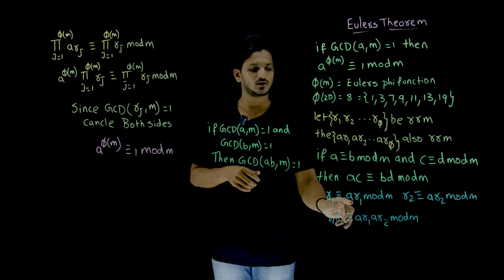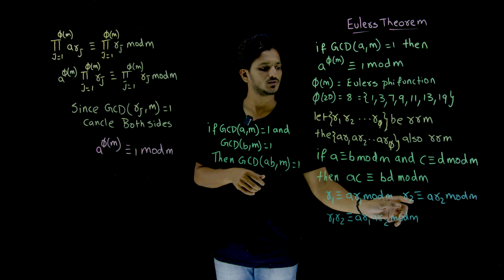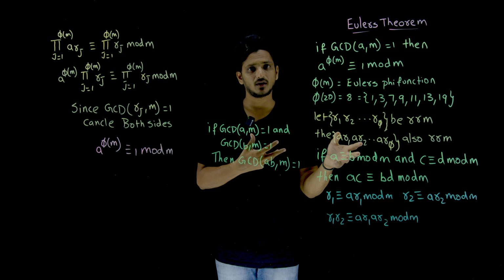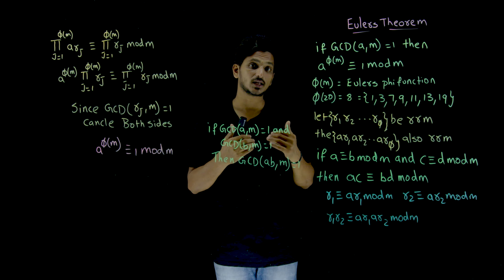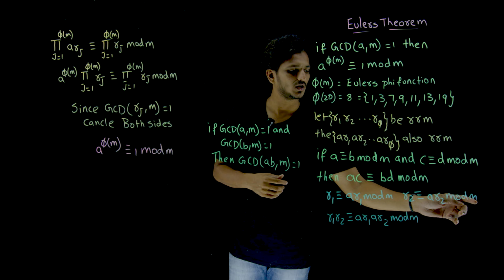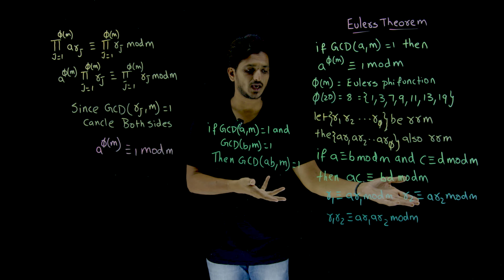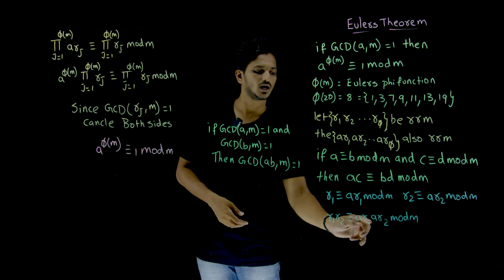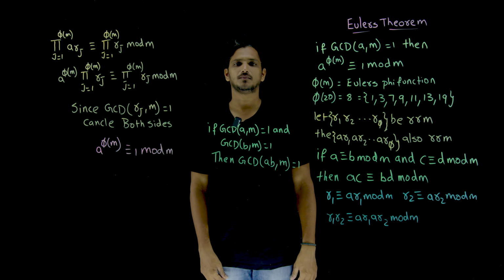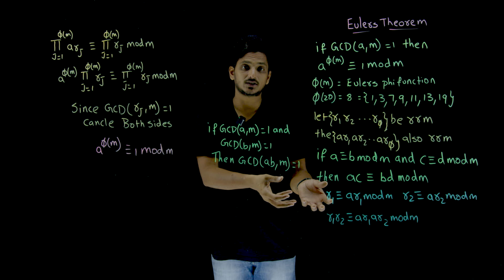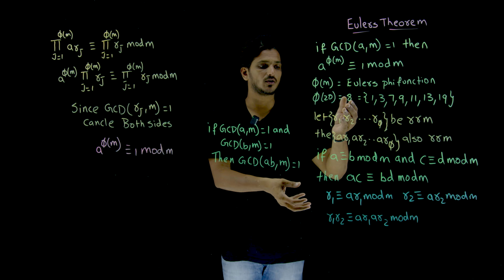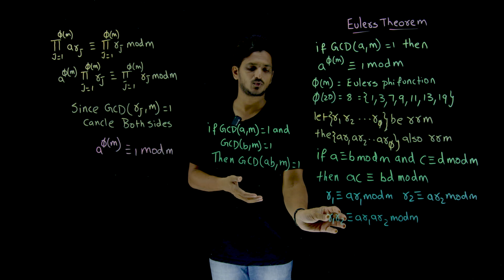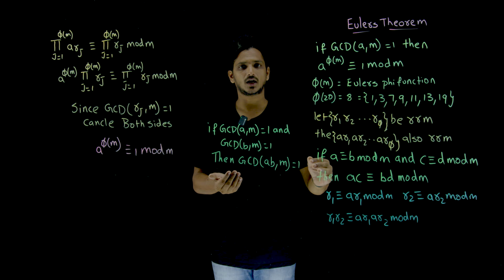So R1 congruent to AR1 mod M, R2 congruent to, similarly one of these AR phi values will be equal to R2, but we are assuming here AR2 mod M, both are the same. If this happens, then we can write R1 R2 congruent to AR1 AR2 mod M. This can be extended to all the values of R1 and AR1 because it is multiplication. You take this as one number, AR3 as the second one, multiply.